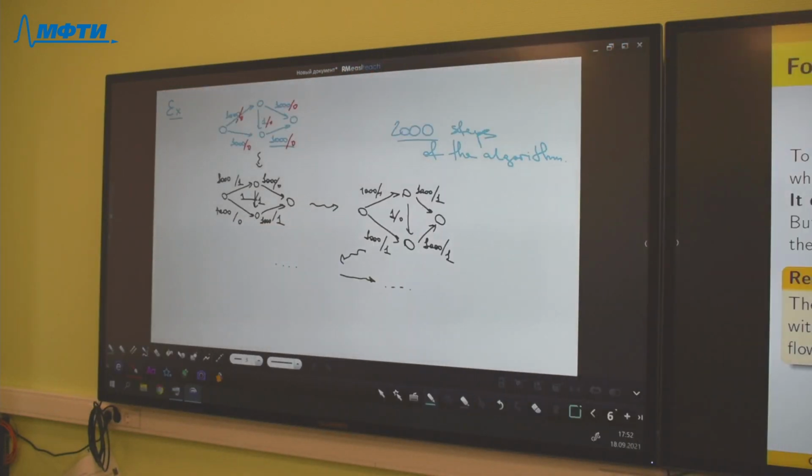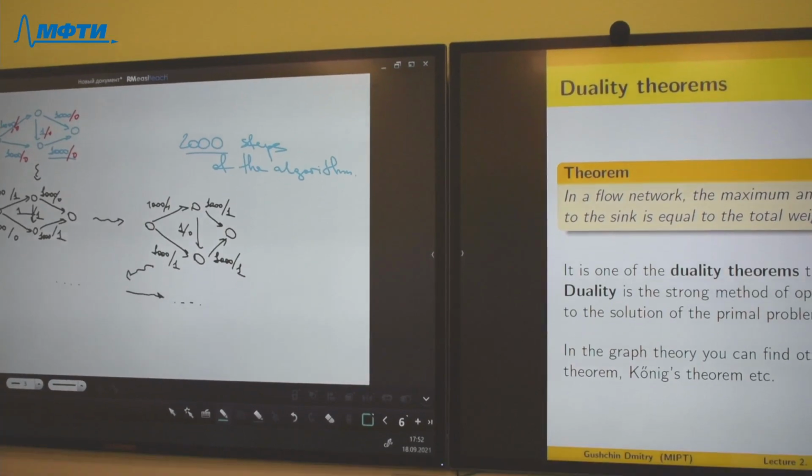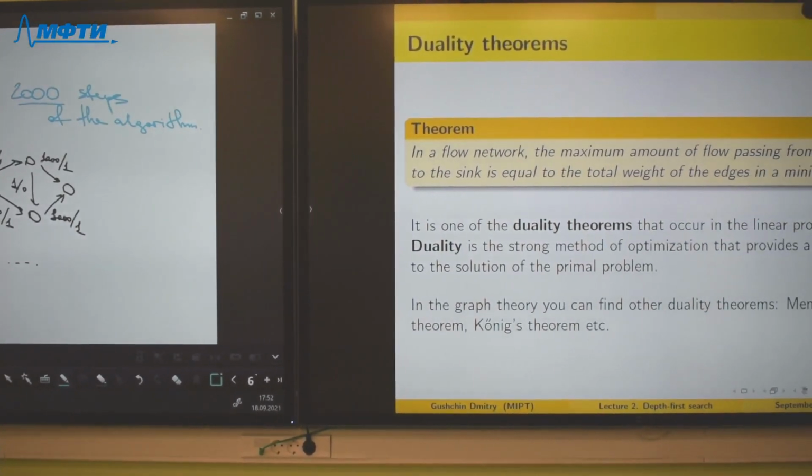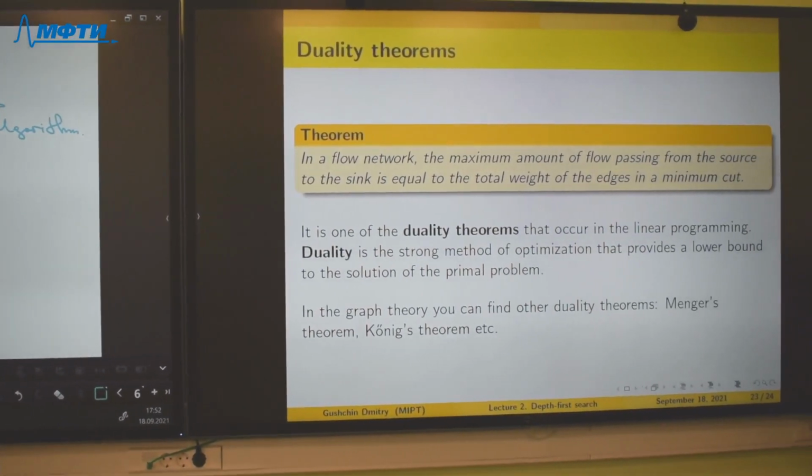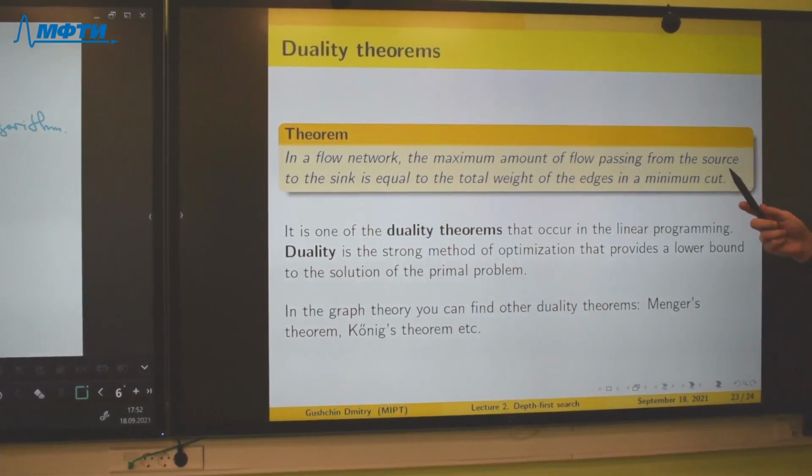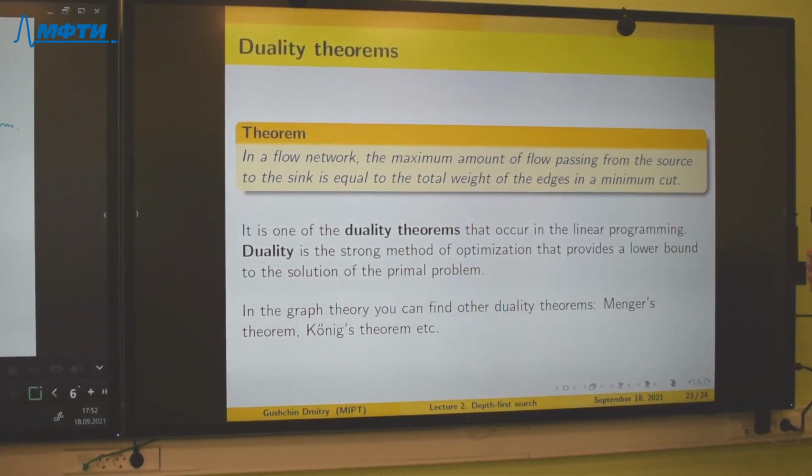So it's about the Ford-Fulkerson algorithm, and some information about dualities. The theorem that I wrote some time before is equal to this theorem, yeah.